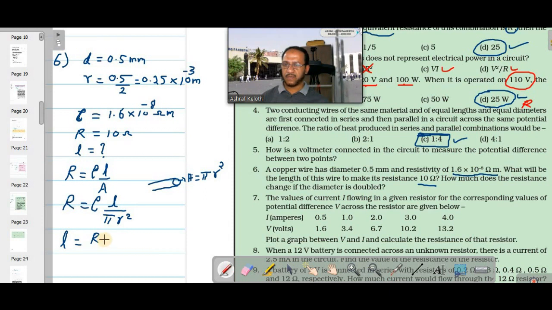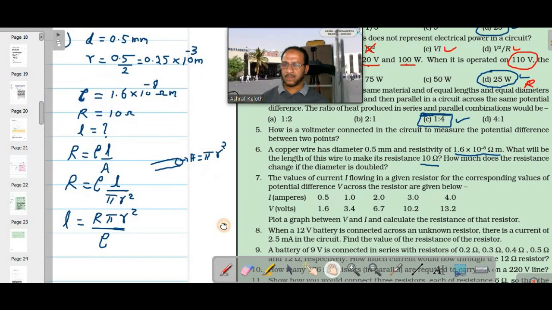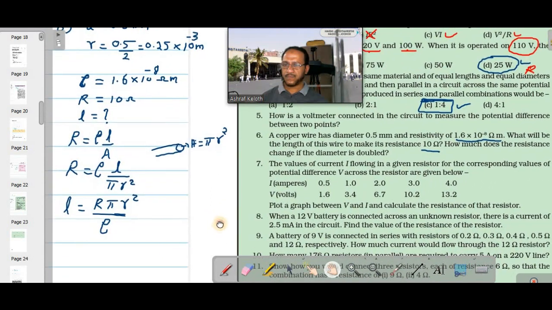If I rewrite this equation for length of the wire, L is equal to R into pi r square divided by rho.